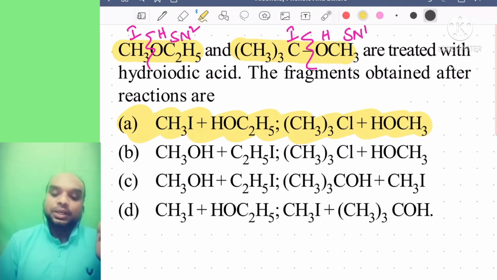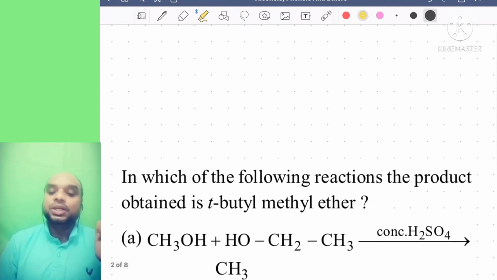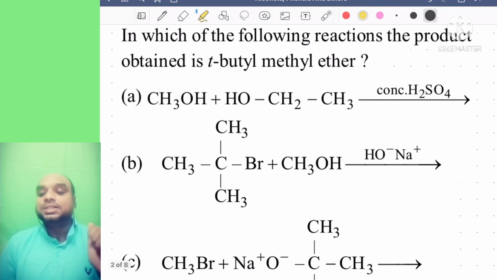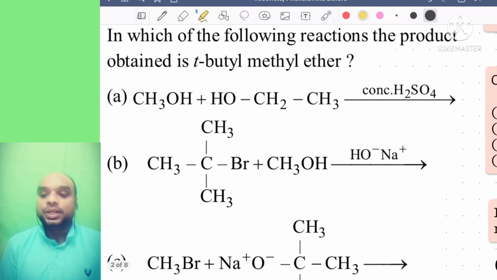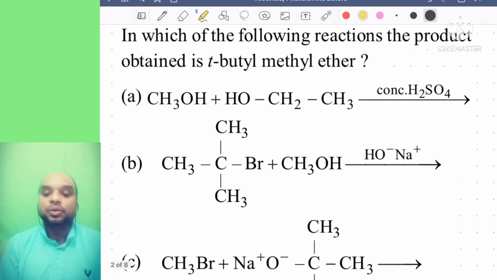Okay, students. Next question: in which of the following reactions is the product obtained tertiary butyl methyl ether? Now if you take this first one, concentrated H2SO4 is given. When you take concentrated H2SO4 with methyl alcohol and ethyl alcohol, you may get an ether.